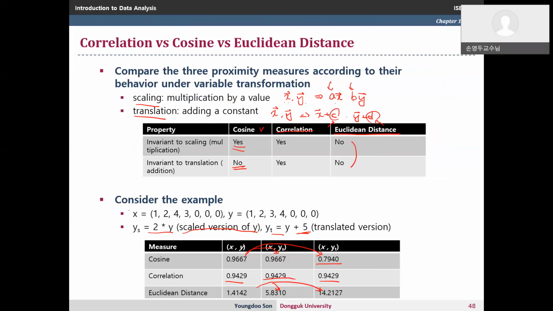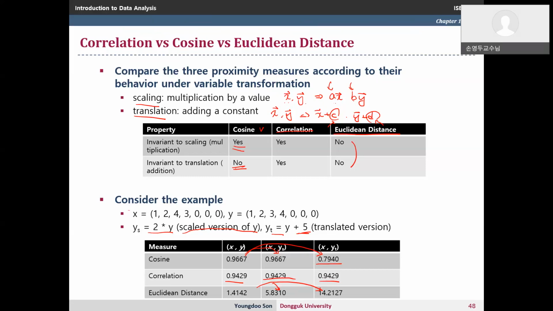And here are the characteristics of the three proximity measures according to their behavior under variable transformation. Here we consider two transformations. The first one is scaling. The vectors are multiplied by some constant. And also translation.